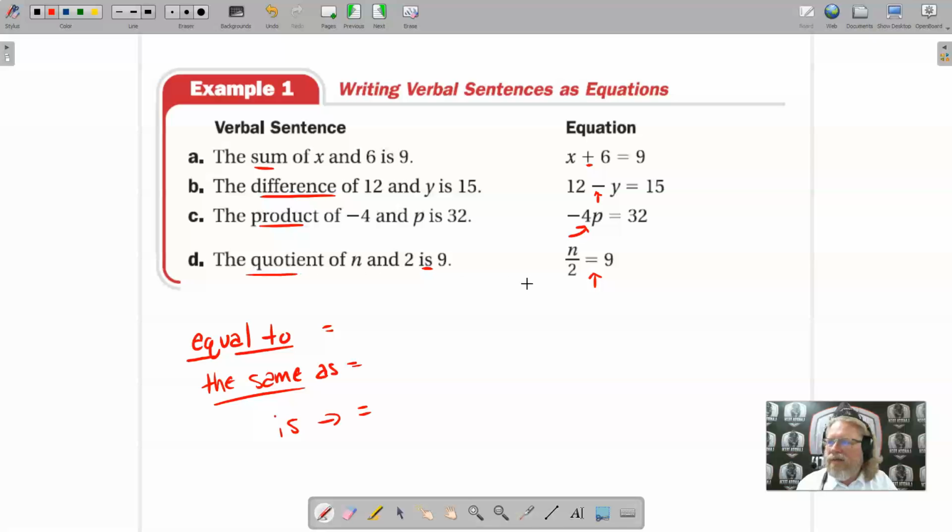And the quotient is division, and we've talked about that every fraction is indeed a division problem. So let's go ahead and kind of clean that up a bit. So we see that we can take a verbal sentence like this and write it out using numbers, operation signs, and equal signs, and possibly variables, and so forth. So we'll do some of that in our Excel activities.